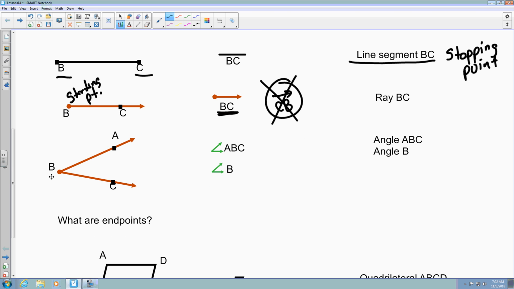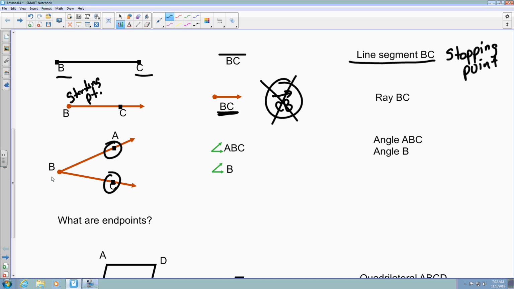The last thing that we have here for different terms is being able to identify an angle. Anytime you are identifying an angle, you need to use 3 points to make an angle. In this case, they're using A, B, and C. And B has a very specific name.